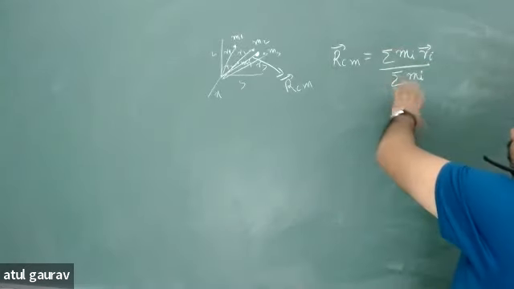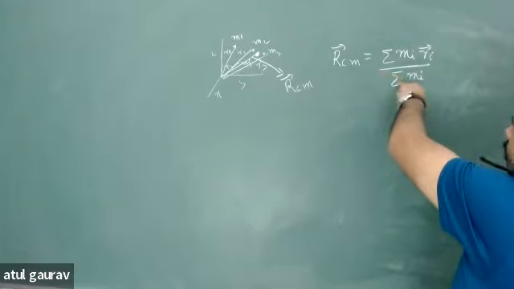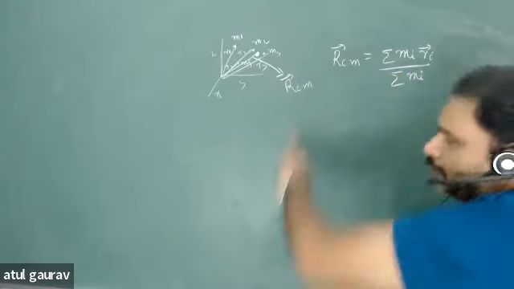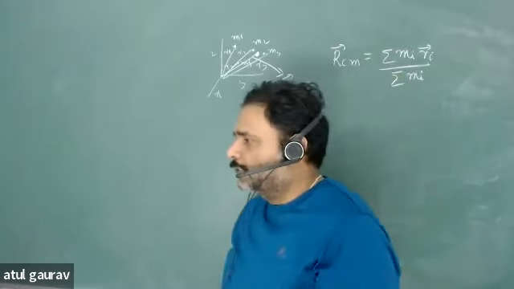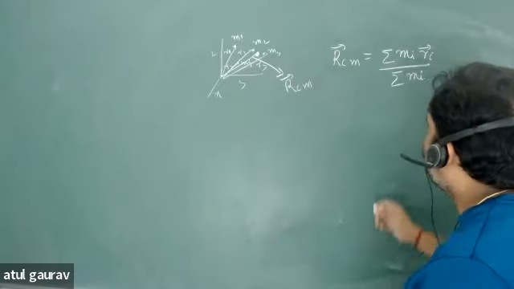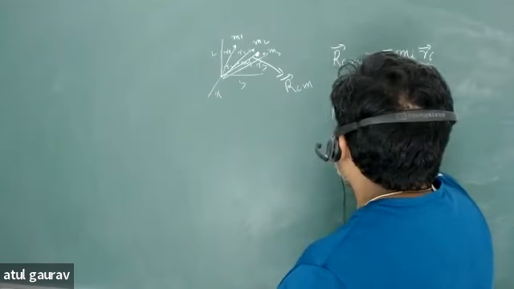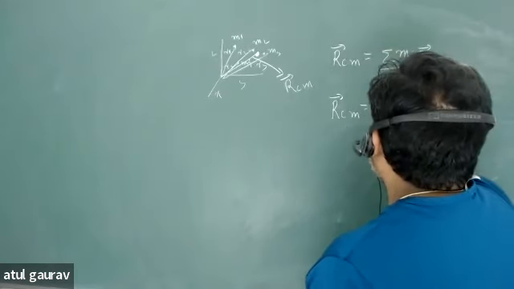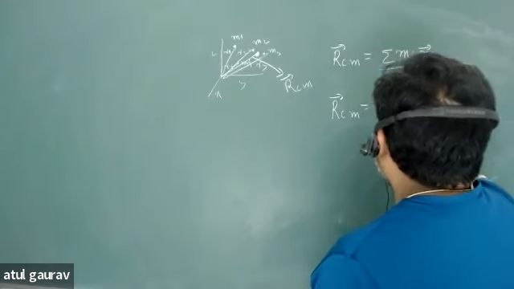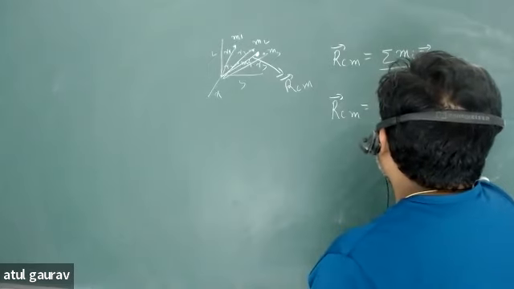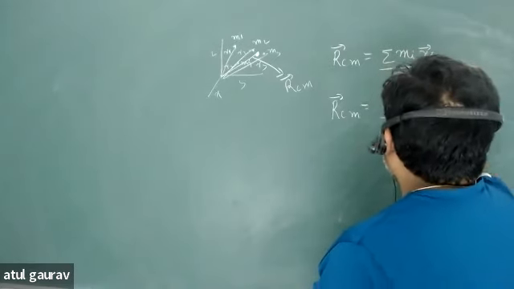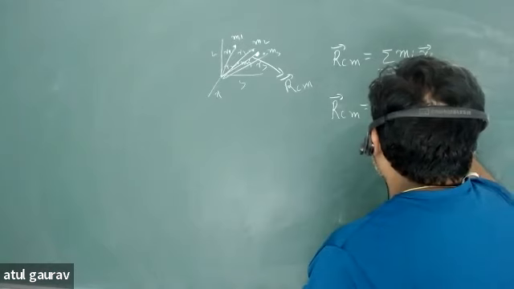So what is this summation over mi? It is the total mass, isn't it? Summation over mi is total mass. So you can write RCM is equal to summation over mi ri divided by the total mass.